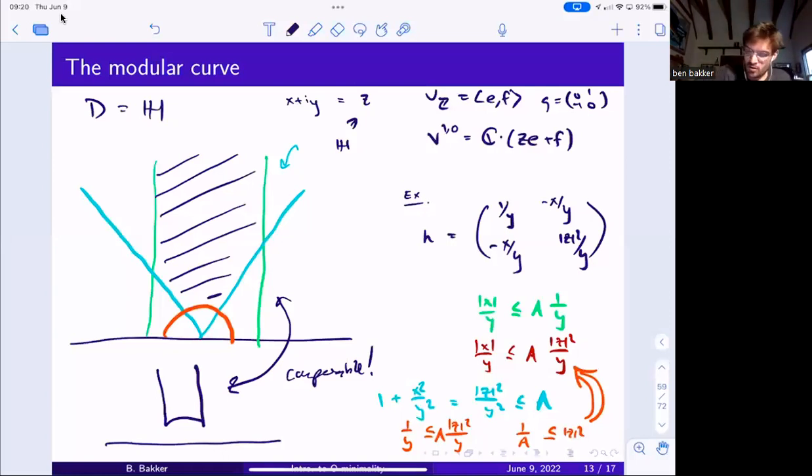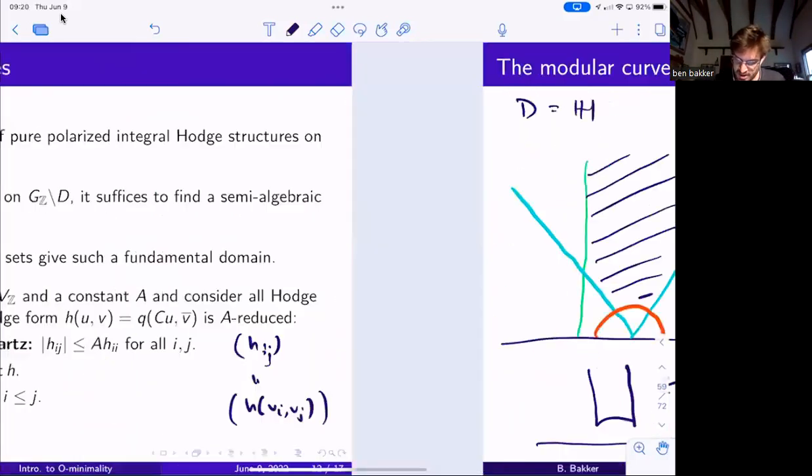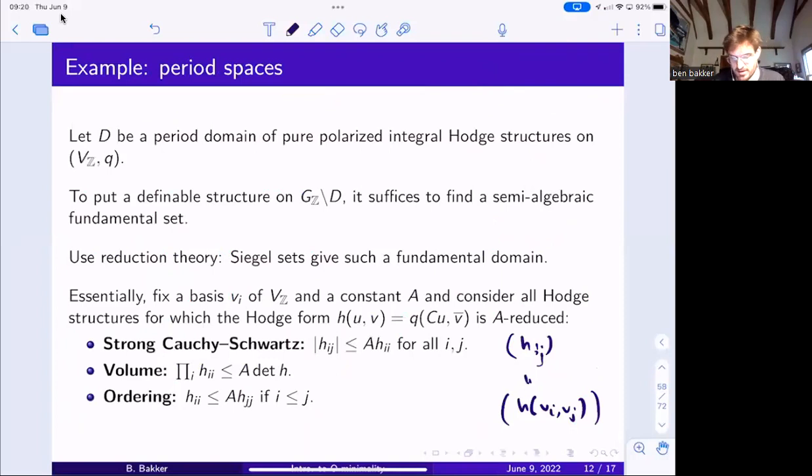All right, so we just got through endowing period spaces, moduli spaces of Hodge structures, with a natural structure of a definable complex manifold.